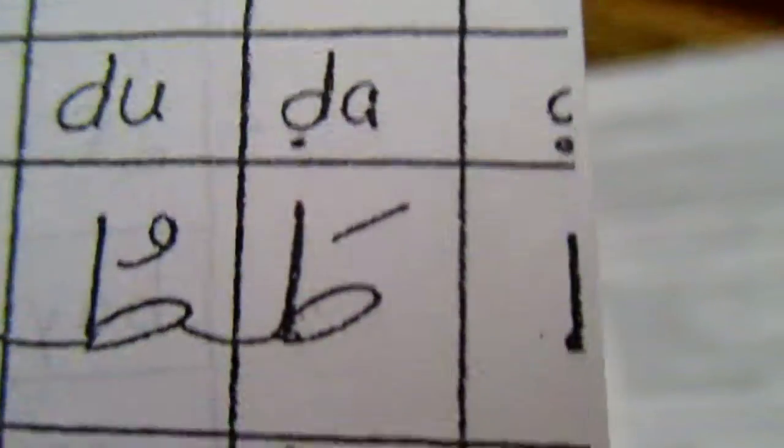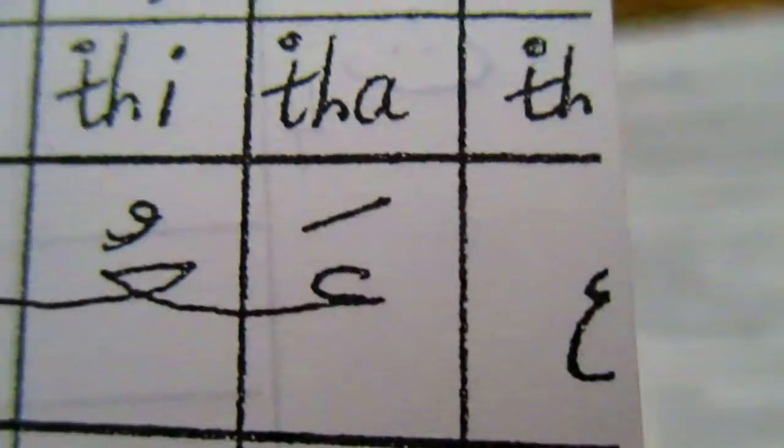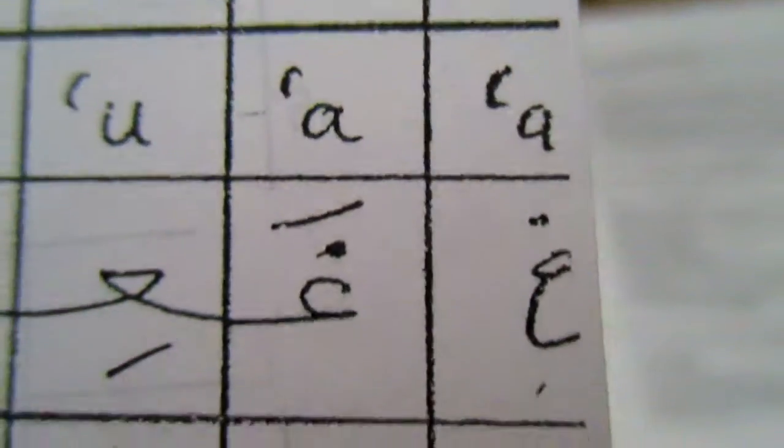Sad. Look at the other side. And then that will be a dot. Then ta, dha, ayn, ghayn. That's a ghayn.